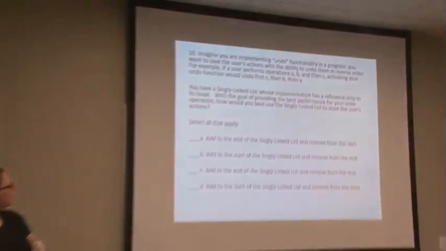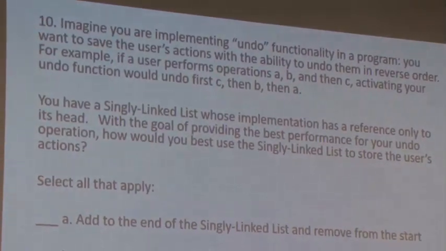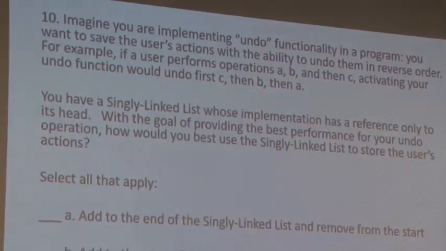And then my last example is something for another learning goal. This really connects to being able to select what data type we should use in a specific application. Here we're saying you're implementing undo functionality in a program, so you want to save a user's actions with the ability to undo them in reverse order.